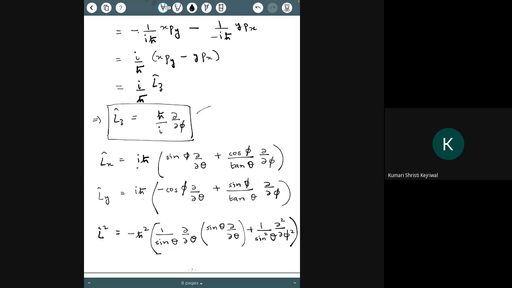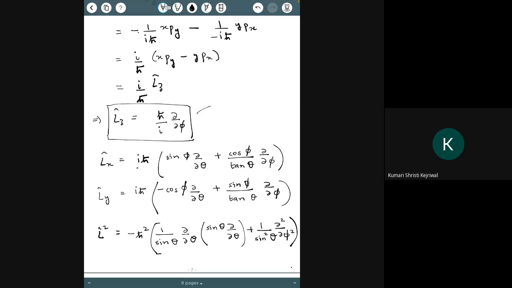I think I have already uploaded the solution. If I start to work it out, it will take me more than two classes. So I found some notes and uploaded them on VLearn, so you can look at the derivation there.